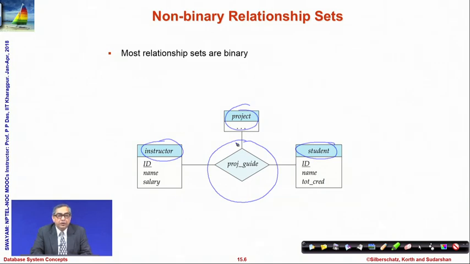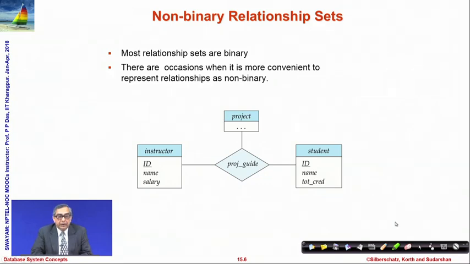All 3 together define this relationship. In such cases we can represent it conveniently in the ER model as a non-binary relationship. In an ER diagram, this is called a ternary relationship.